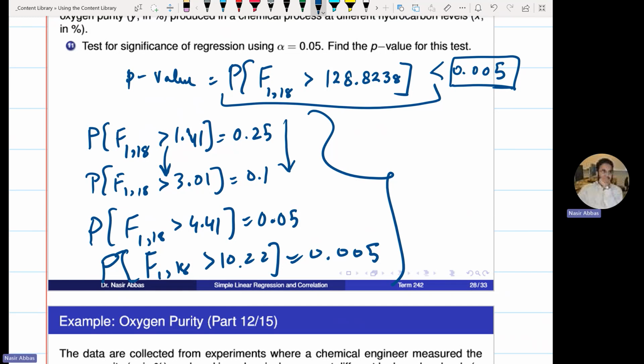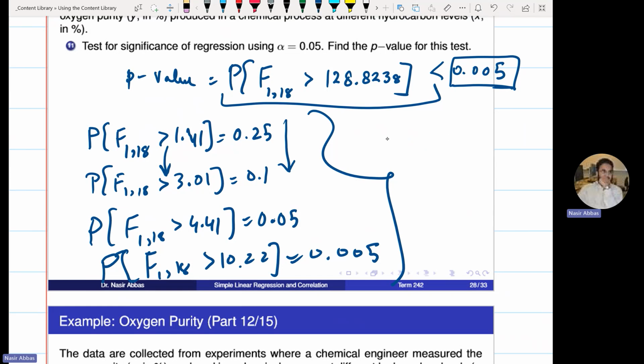If you get a question in the exam where the F value is 0.31, the probability of F greater than 0.31 will be what? Greater than. So in that case, you will fail to reject H naught, right?